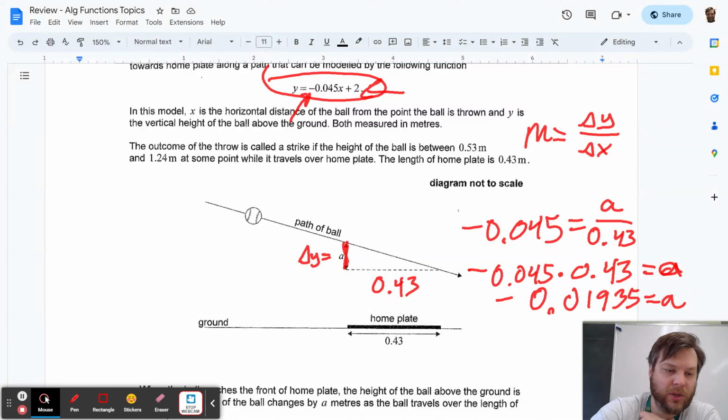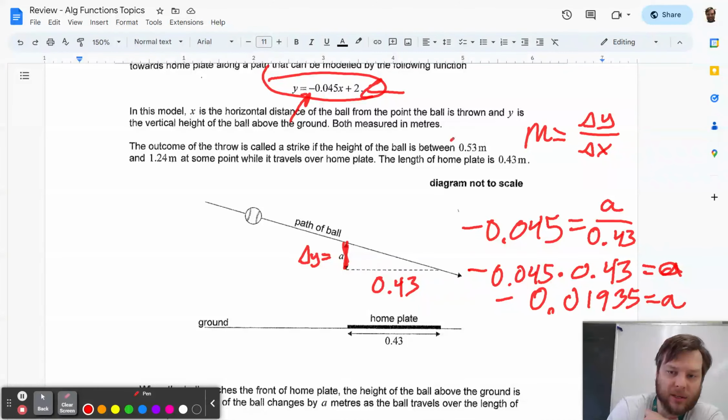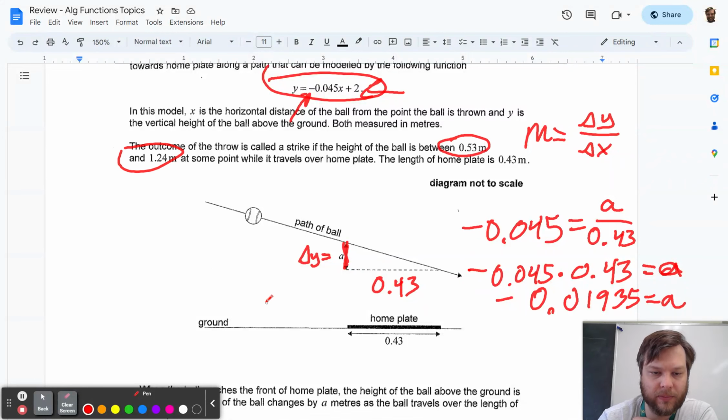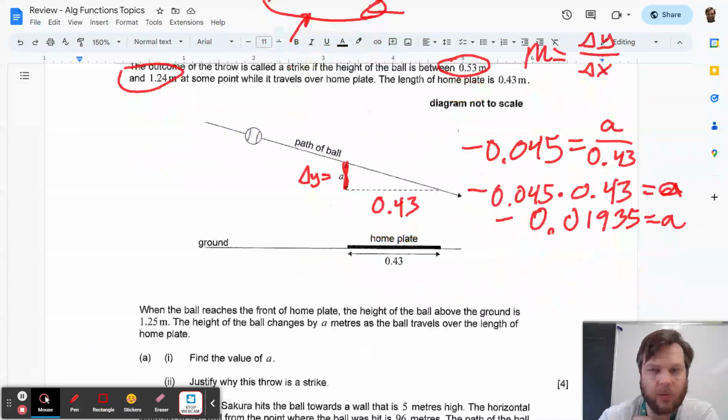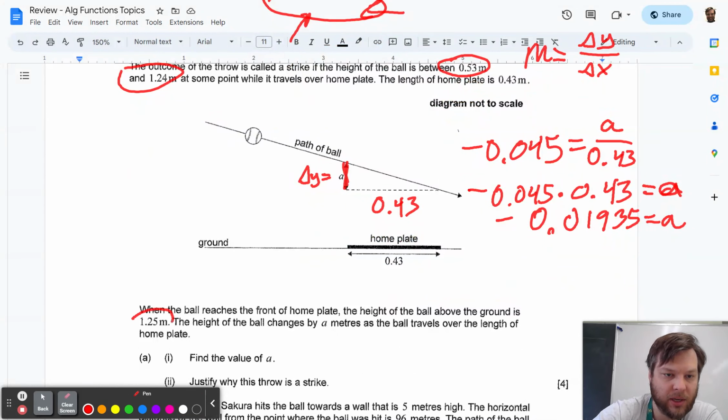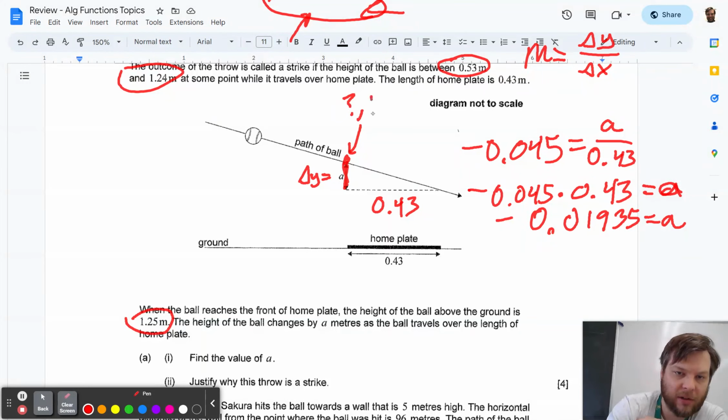Okay. So what we need to know is whether or not this is a strike. And so we are given up here that it's a strike if it's between 0.53 and 1.24. Now we have the A value, and we know one more clue. They tell us that when the ball reaches the front of home plate, the height above the ground is 1.25. So this point right here is something, comma, 1.25.